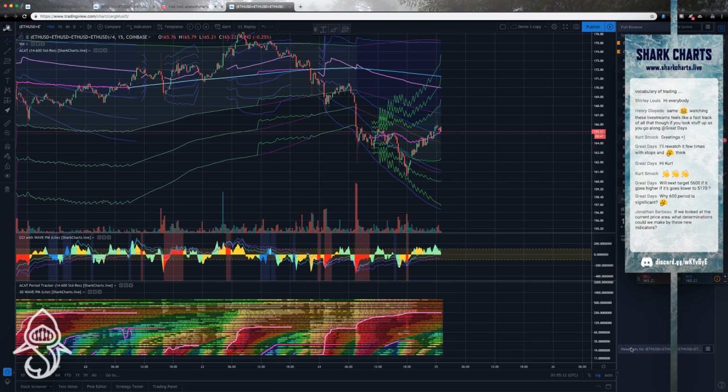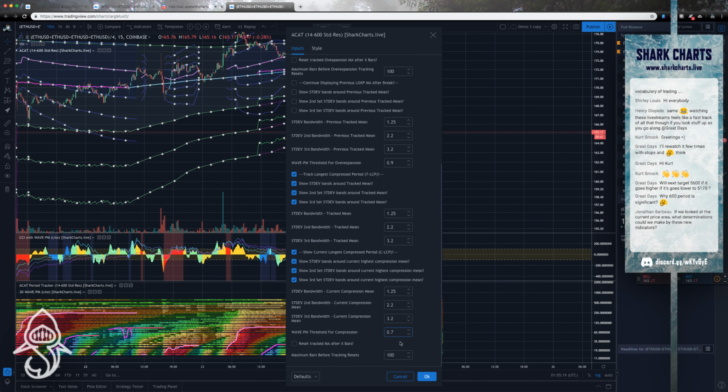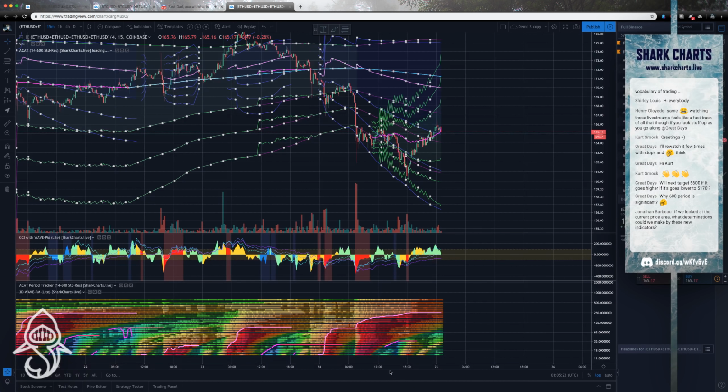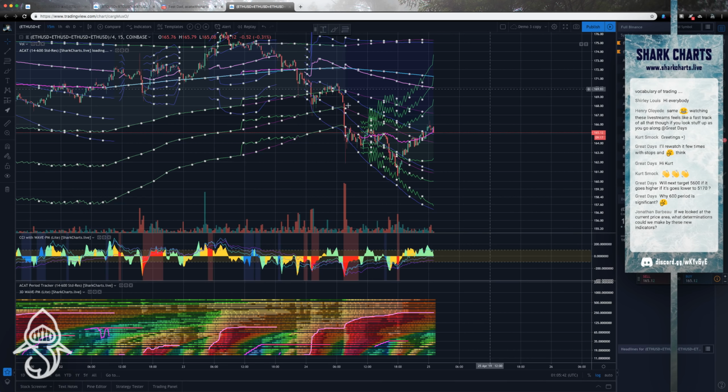So I would set that back to 0.4, just for the sake of the example. I would point out that at this particular moment, it is telling us that mean reversion on Ethereum to about 170 is probably implied on the 15-minute chart, which I want to say on the 4-hour would be viable.